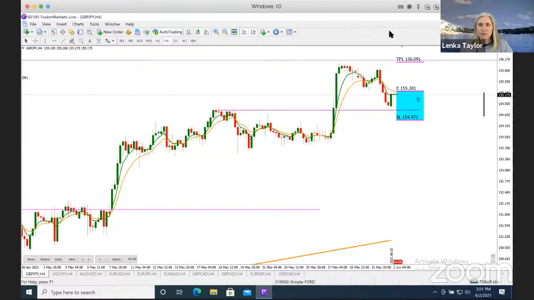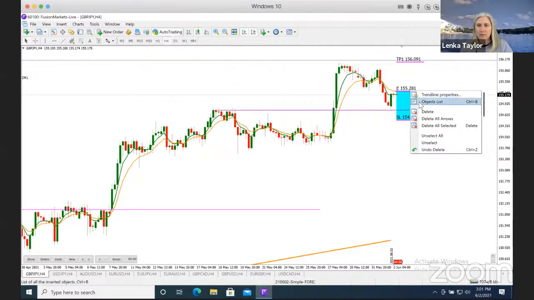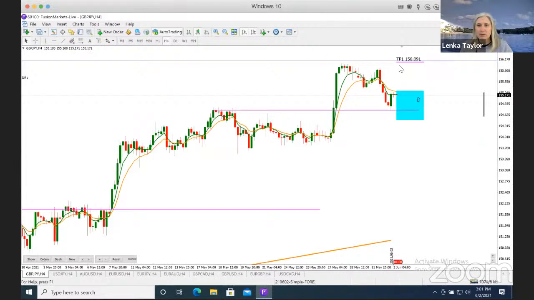So on this currency pair, GBP/JPY, I set a pending order at the last bar, so 4 hours ago. It didn't get triggered in, so I'm now going to wait for possible further pullback and a new setup.